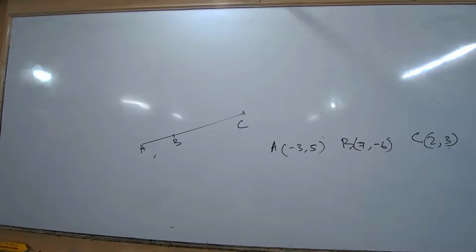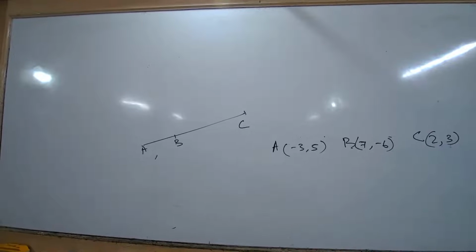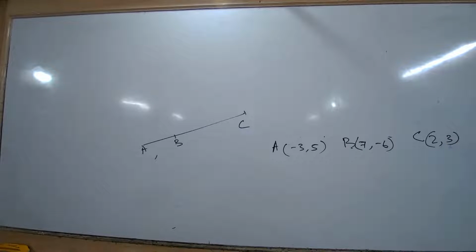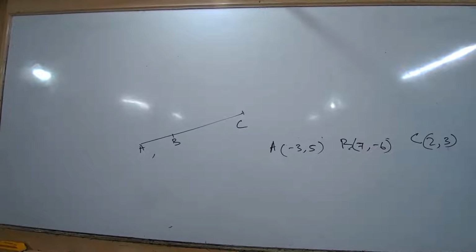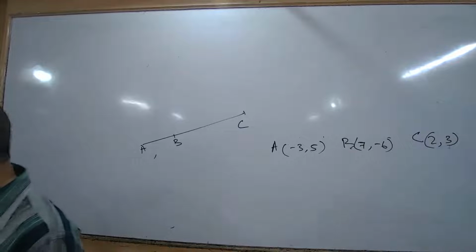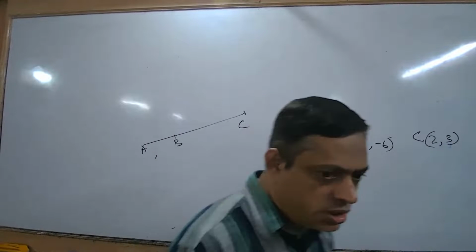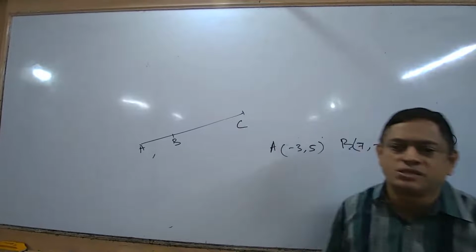Next, again, quadrilaterals are there. Do you know how to prove a quadrilateral to be a parallelogram? Opposite sides are equal. I am going to use the distance formula: opposite sides are equal. If it is ABCD, then AB is equal to CD and AD is equal to BC.